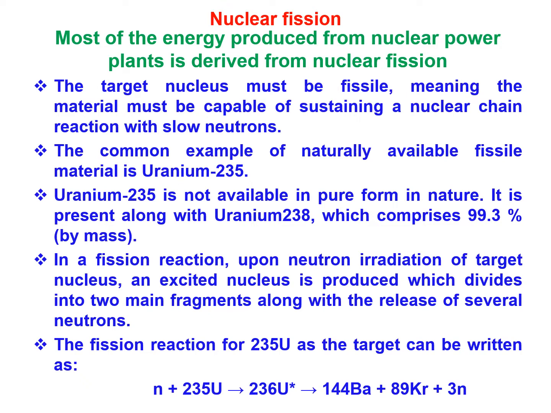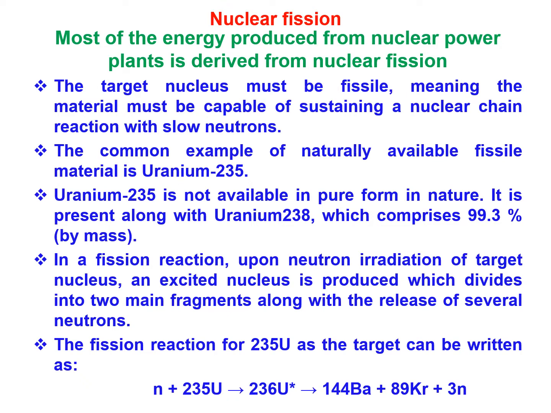Okay, nuclear fission. Like any fuel undergoes a combustion process and releases heat energy, in a similar way, the fuel in the nuclear power plant is uranium-235, which is abundantly available on earth, but it is only 0.7 percent, that we will see later.